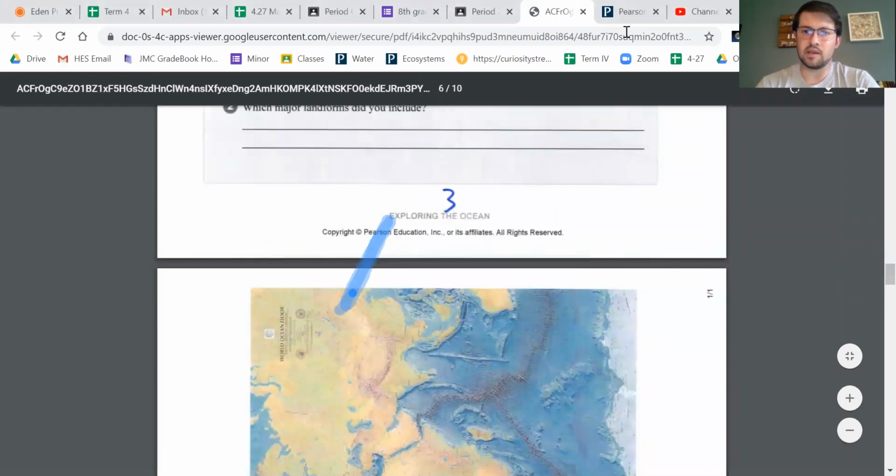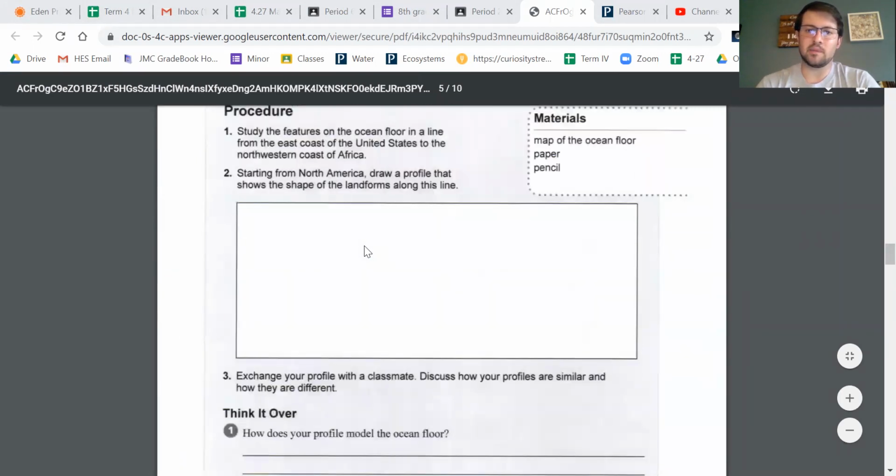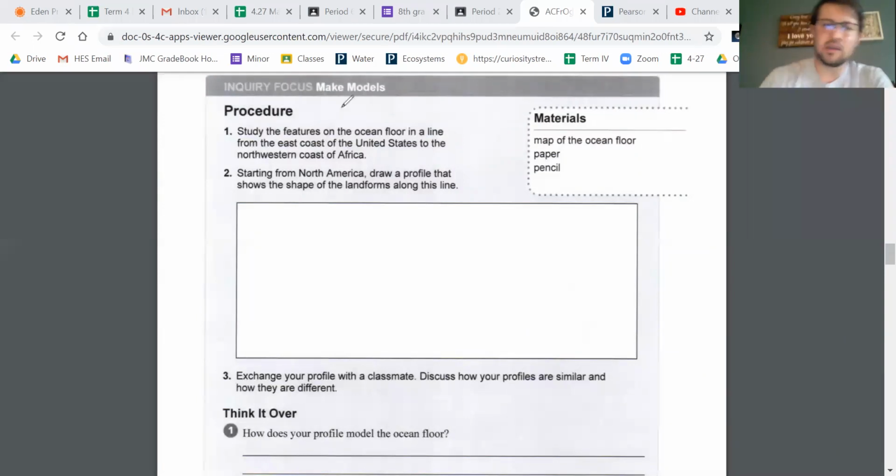Let's go ahead and clear that. Clear all. Okay, so back up here. It wants me to draw a cross-section map. So if North America started here and Africa was over here, what does the land look like if I had cut the Earth in half and looked at it from the side?